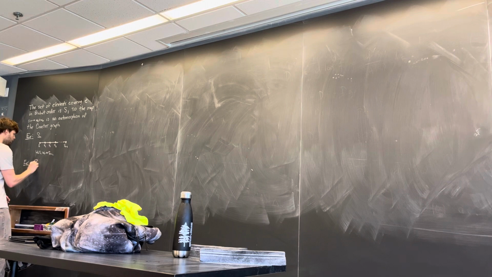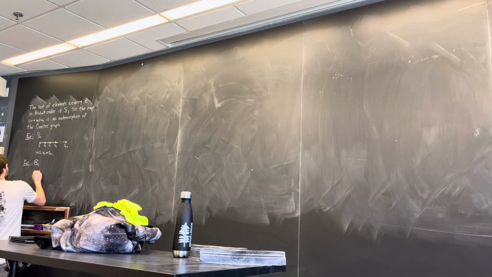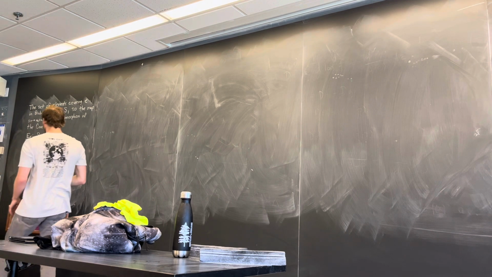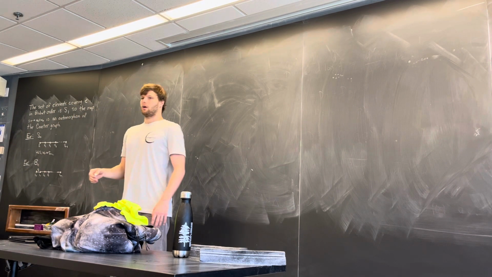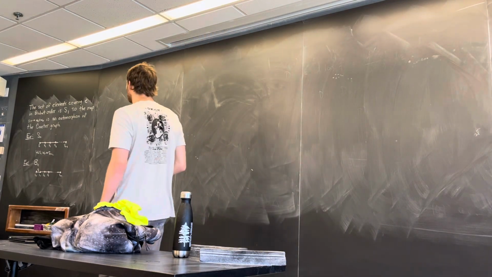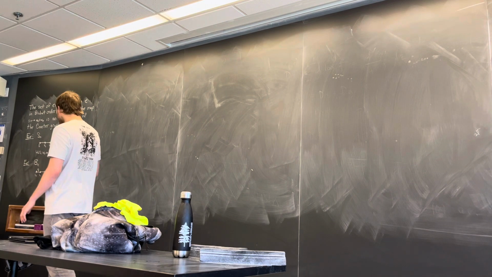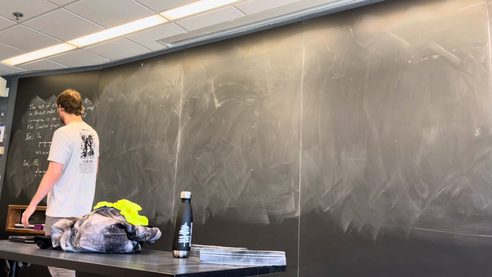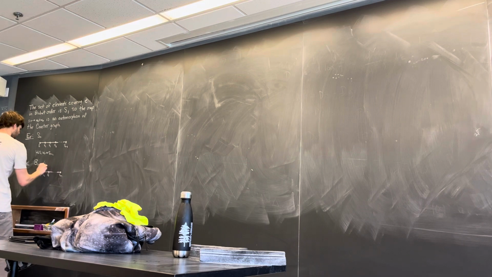Another example. Let's look at Bn, the hyperoctahedral group. So here it looks like this. So here's S0, S1, S2, S3 up to S n minus 1, and there's a label 4. And, well, okay, let's assume that n is at least 3.